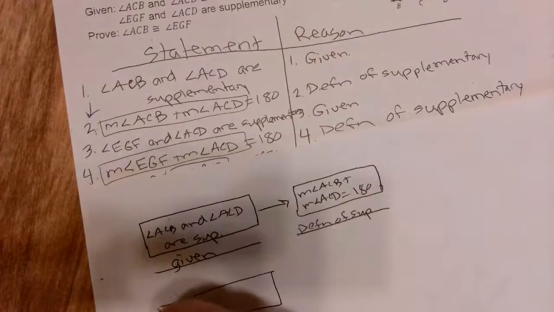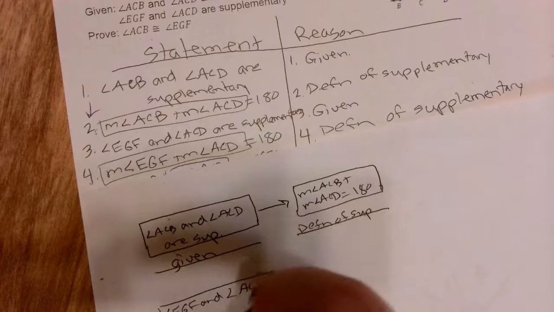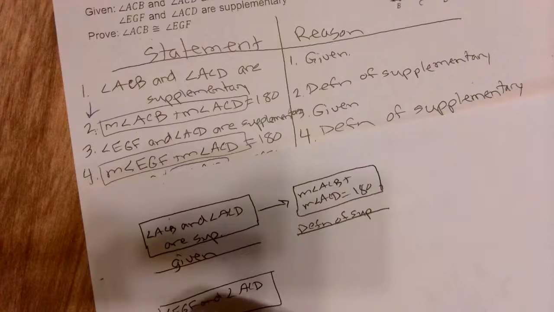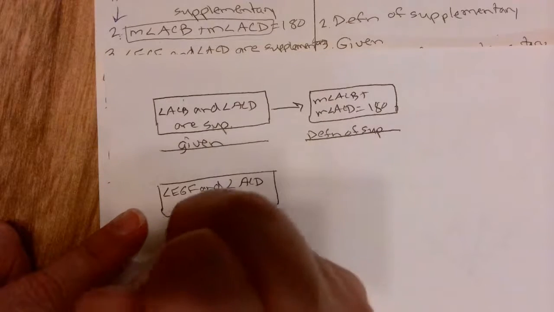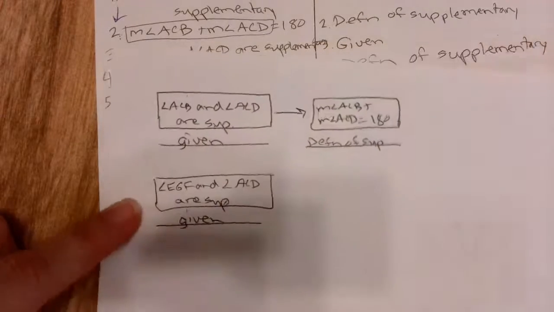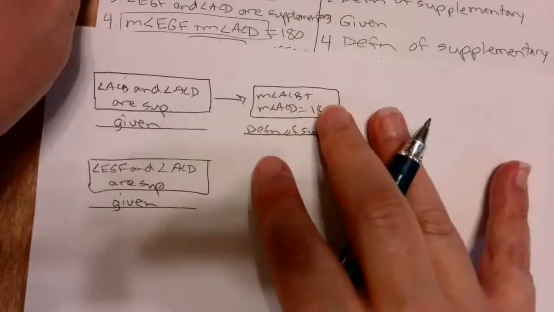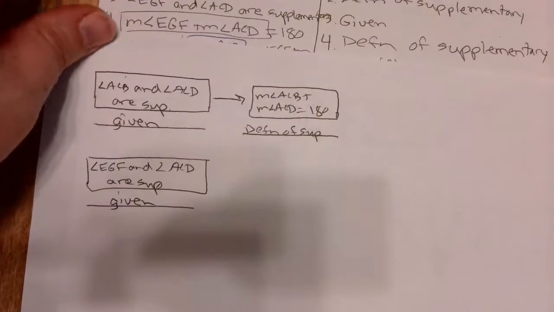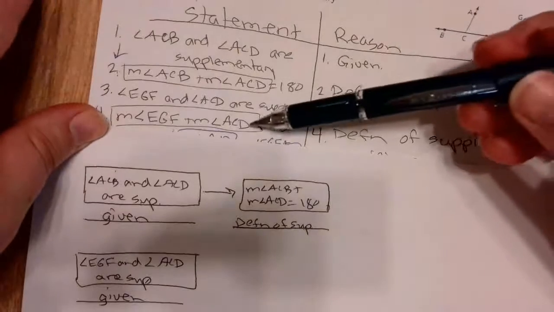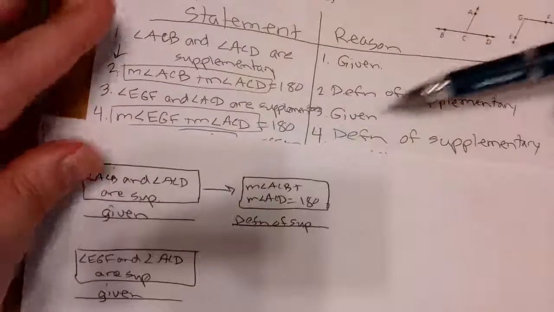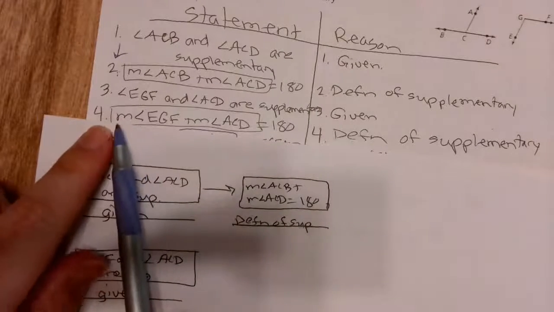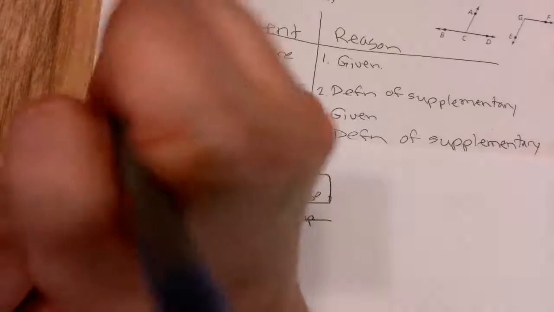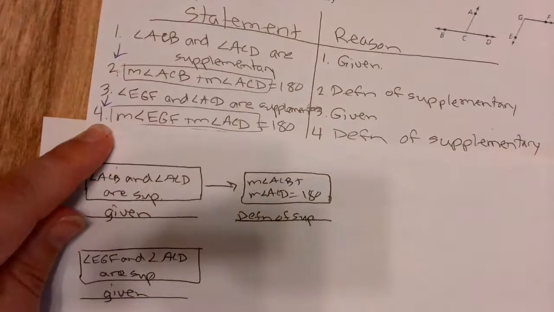So, next given, angle EGF and angle ACD are supplementary, and the reason is it's given. That was line 3. Line 4, measure of angle EGF plus the measure of angle ACD equals 180. How did we know that line 4 was true? Well, we knew line 4 was true because they told us line 3.